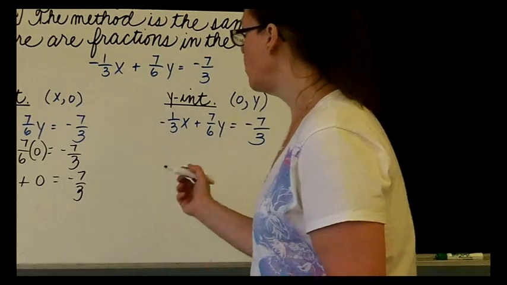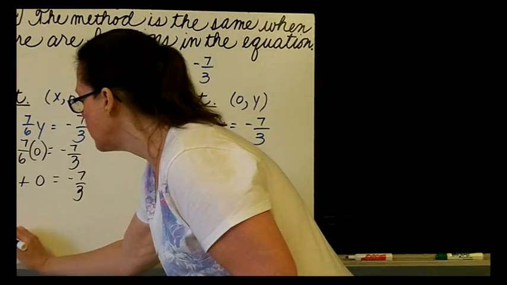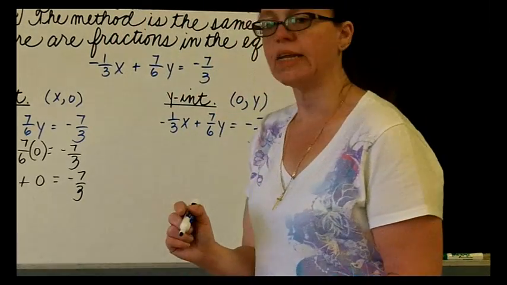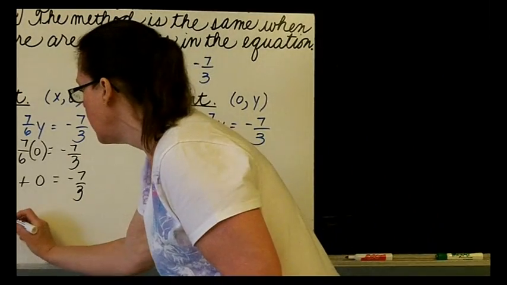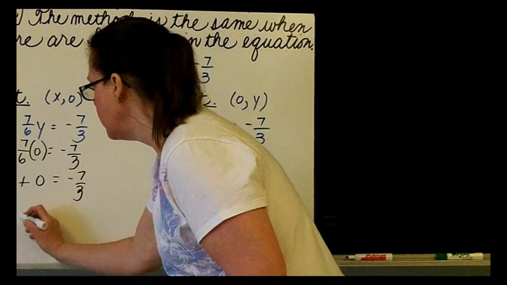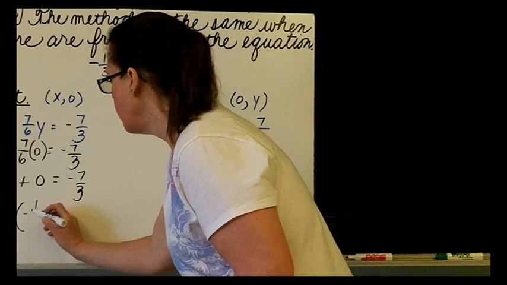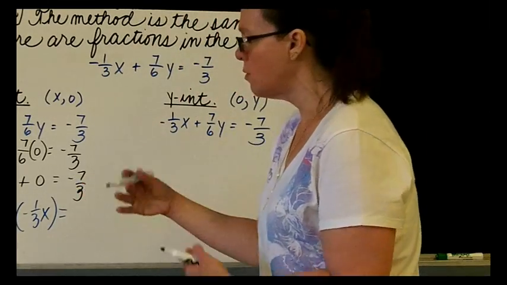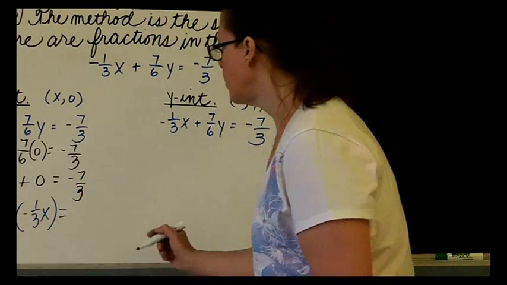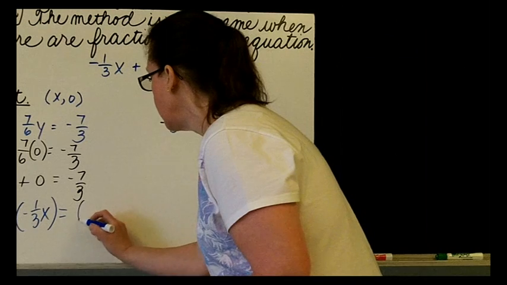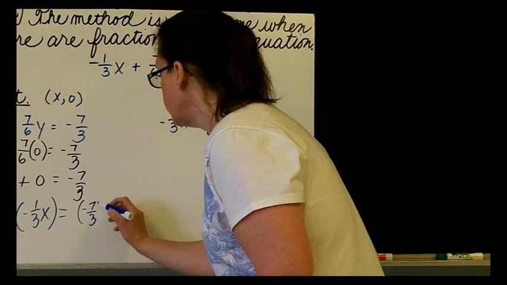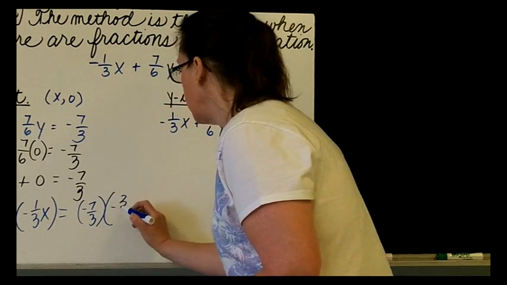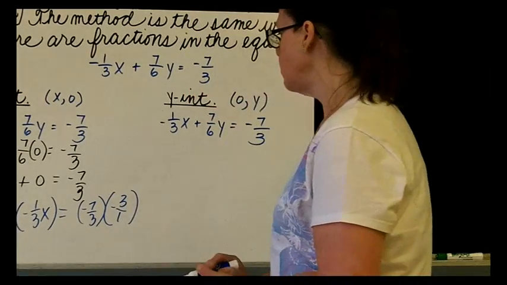So what we do right away, just to save some time, is I'm going to write the reciprocal of -1/3, which is -3/1. We'll multiply that by the -1/3 x. And remember, because it's an equation, what we do to one side, we have to do to the other. So we're going to take our -7/3 and multiply that by -3/1.